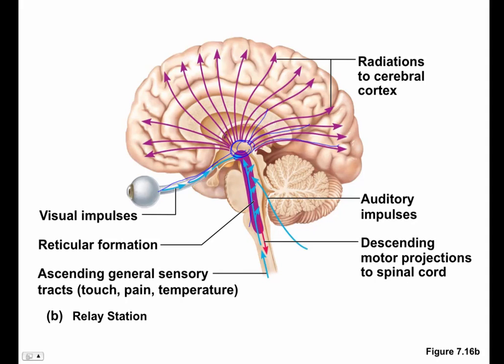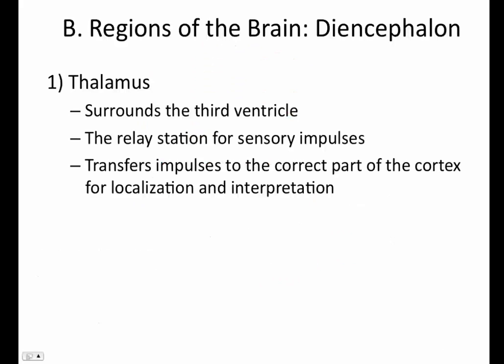So if it deals with vision, where's it going to go? To the occipital lobe. If it's going towards smell or taste, it goes to either our temporal lobe or our parietal lobe. And so it's really going to transfer all of those impulses to the correct part of the cortex, so we can see where it's going and also interpret our information.